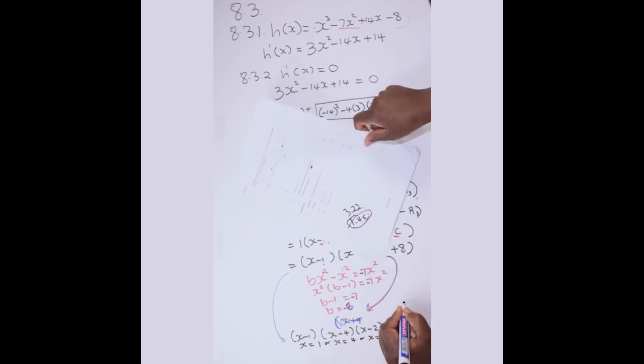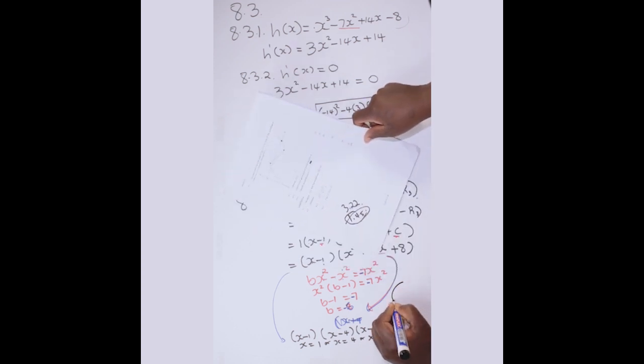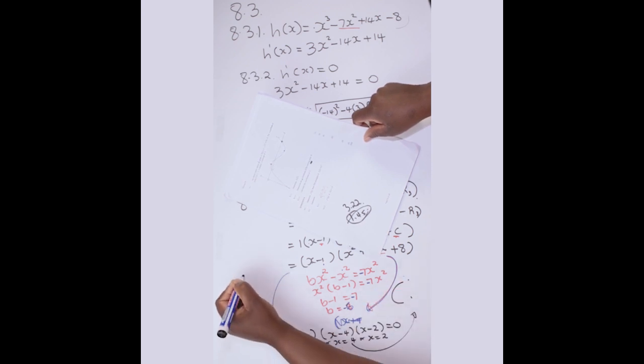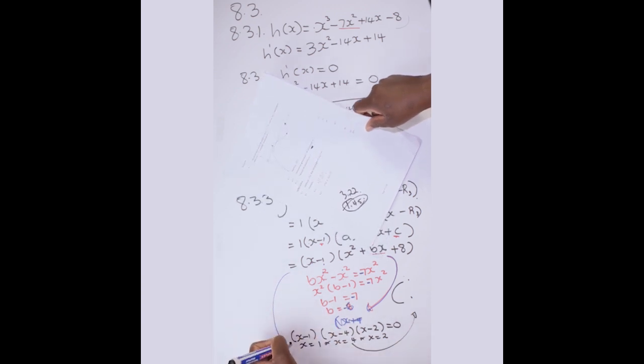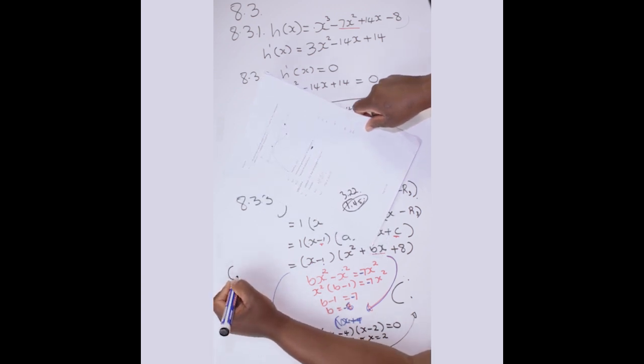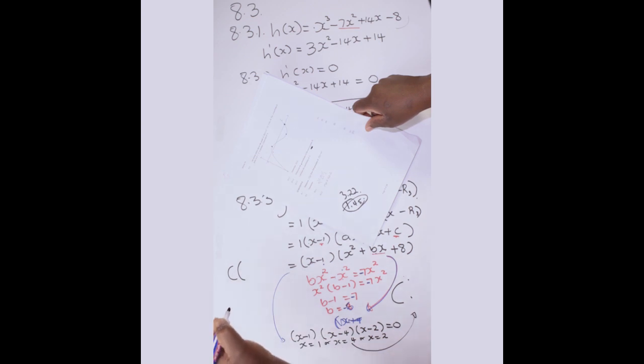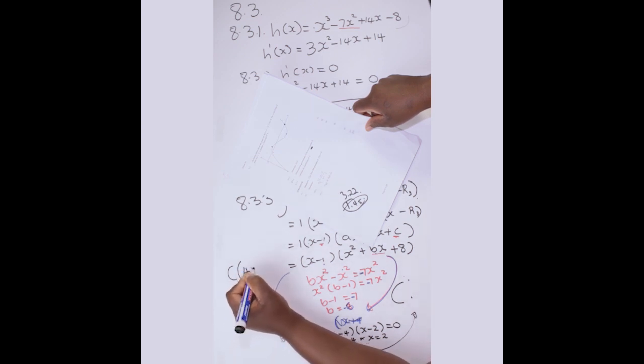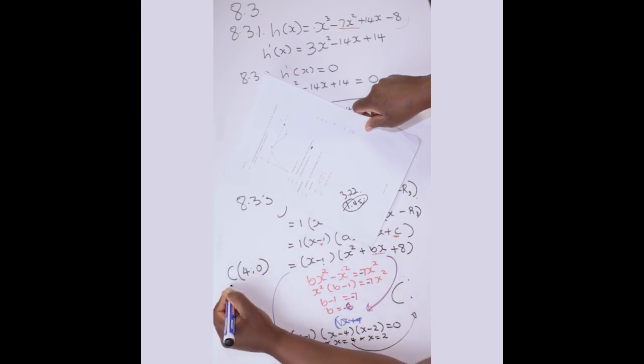That means that the coordinates of c will be determined by the last number, which is now what? 4. Okay, let's write it there properly. So the coordinate of c will be (4, 0). That is the coordinate of c.